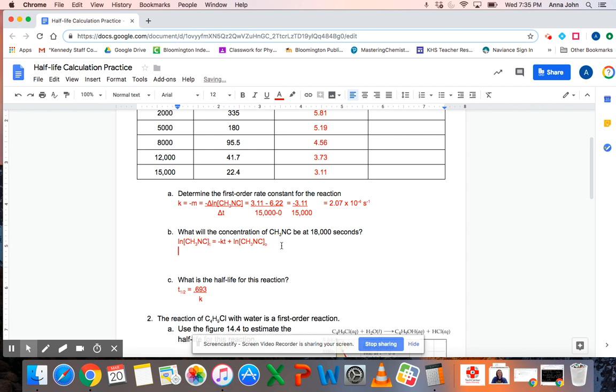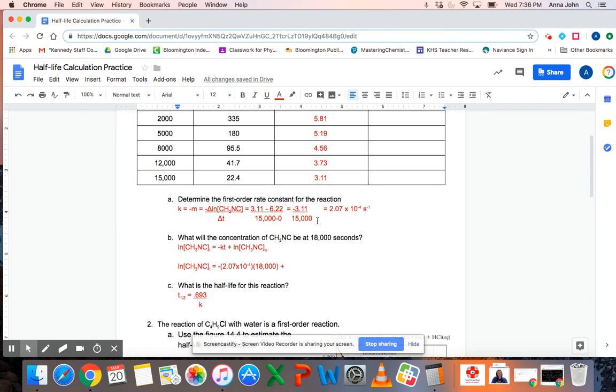So my negative K, my 2.07 times 10 to the negative 4th, times my time, 18,000 seconds, plus the natural log of the initial concentration, which is right in my table here. That's my 6.22.